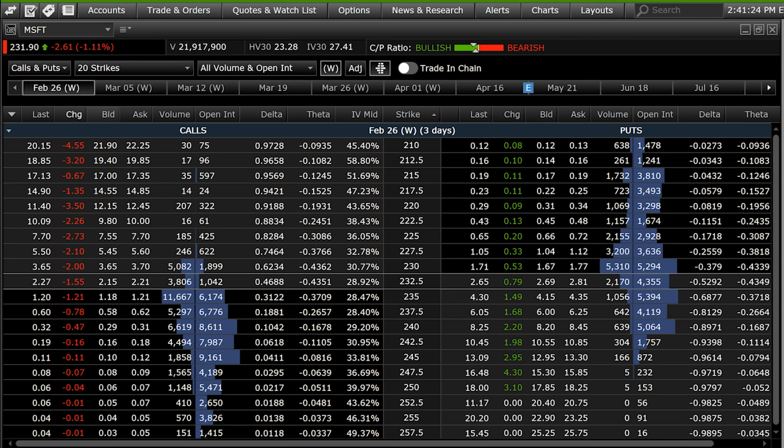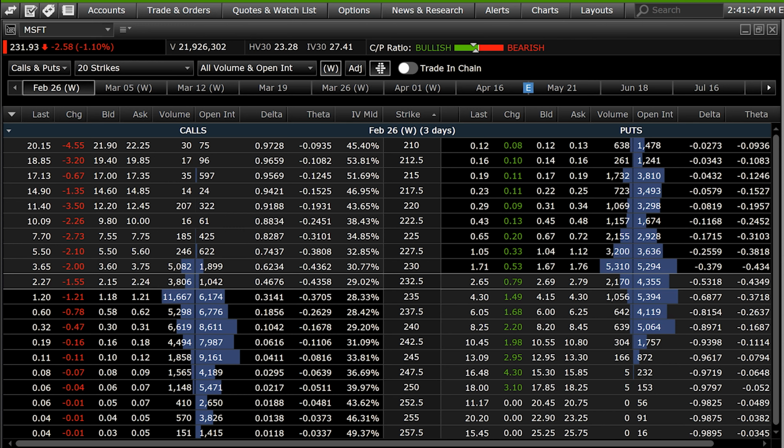On the calls, we have the last, which is the last order that was filled, the change, which is changed from today's open to where it currently is now, the bid and the ask, and the volume of how many calls have been sold or bought today. The open interest is how many actual orders are available right now and have yet to have been filled.